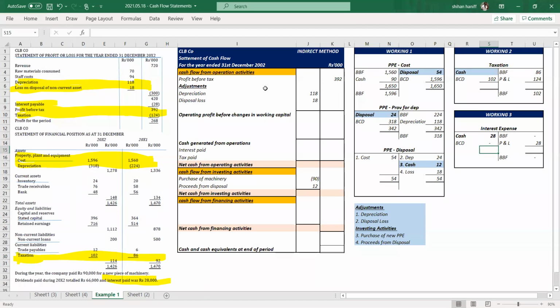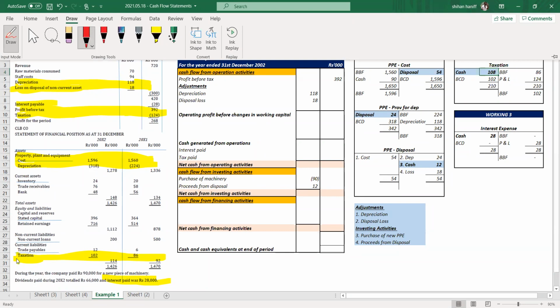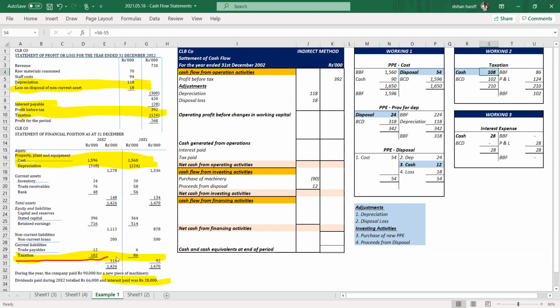So there is no payable for interest. The expense was completely paid. Cash, yeah. 108 taxation. The opening and closing balances are given in the statement of financial position. Here, taxation 86 opening, 102 closing.